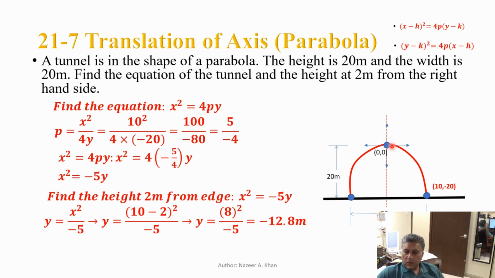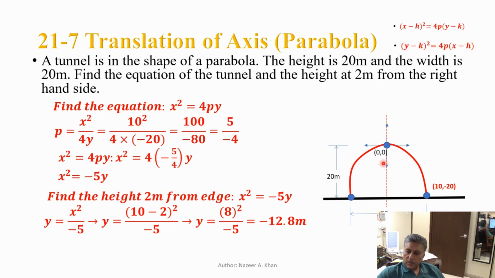So when we look at this, everything is referenced from the origin. So I am going 12.8 down. This is 20, the height of it. The idea is that at 2 meters from the right-hand side, I want to find that height there. How do I do that?